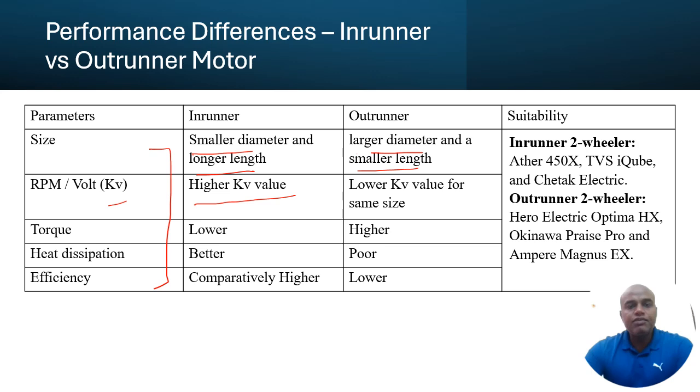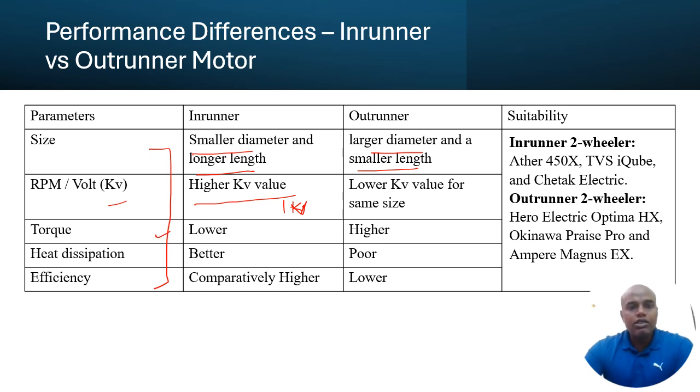It means that per volt, the RPM given by my in-runner motor will be more as compared to my out-runner motor. So for the same size, the speed of the in-runner motor will be more than that of the out-runner motor.